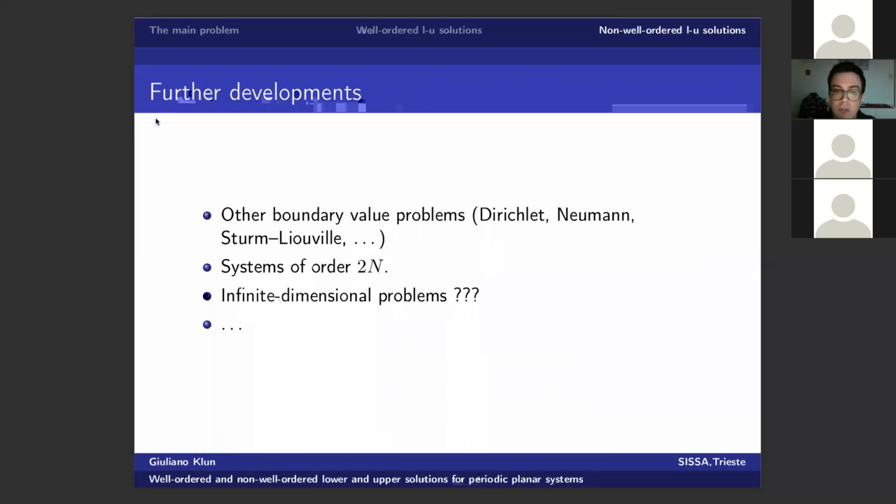It's possible to consider other boundary value problems like Dirichlet, Neumann, Sturm-Liouville. Another way to consider a generalization of this theorem is to generalize it to systems of order 2n, and maybe, as done in the previous article, but for other kinds of systems, why not infinite dimensional problems? But this is very far at the moment.